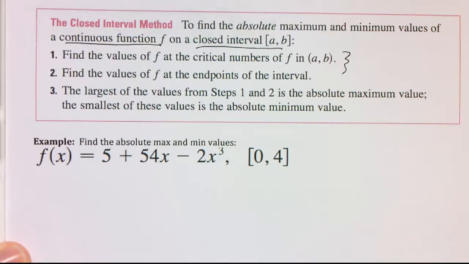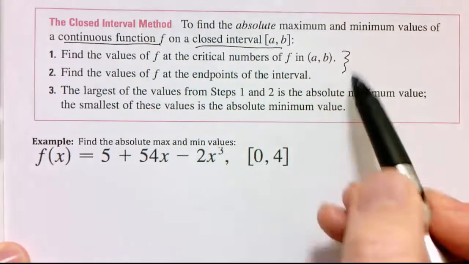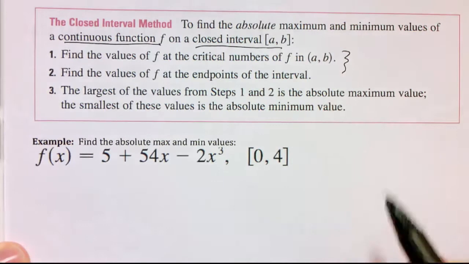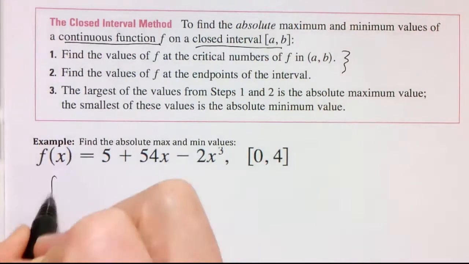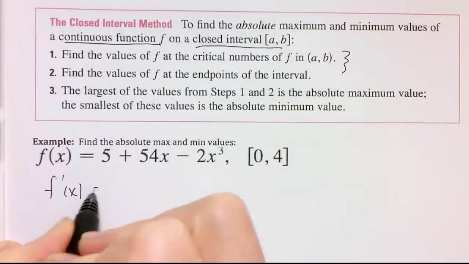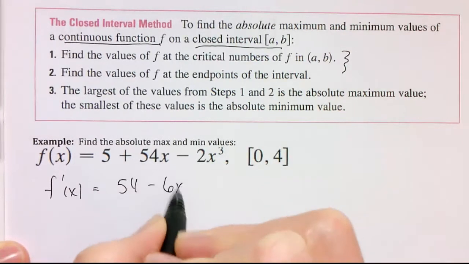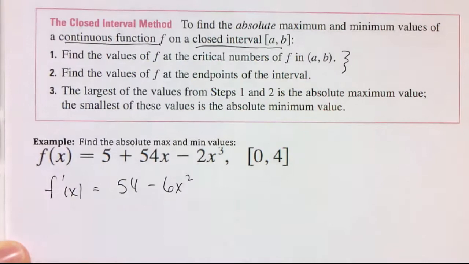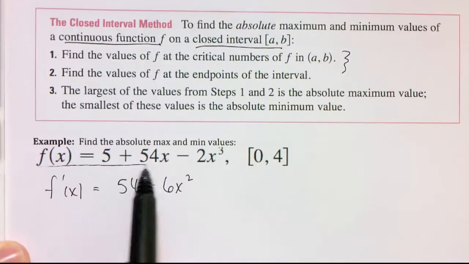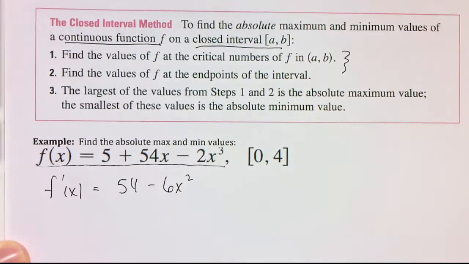I organize my thinking a little bit differently than the order of these three steps, but the idea is the same. First, what I'm going to do is find critical numbers. That means I need to figure out where the derivative either fails to exist or is zero. Well, polynomials have derivatives everywhere, so we're not going to have any critical numbers where this derivative fails to exist, but there could be some places where the derivative is zero.